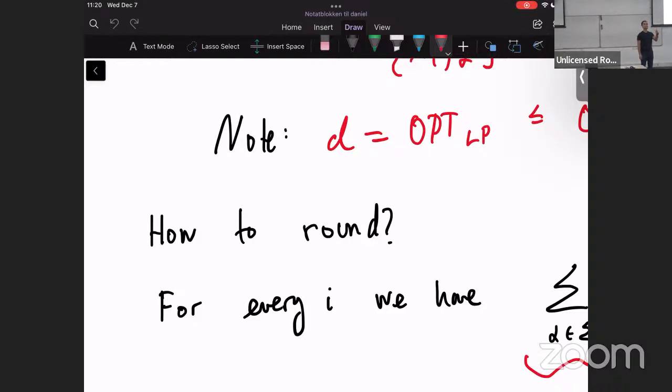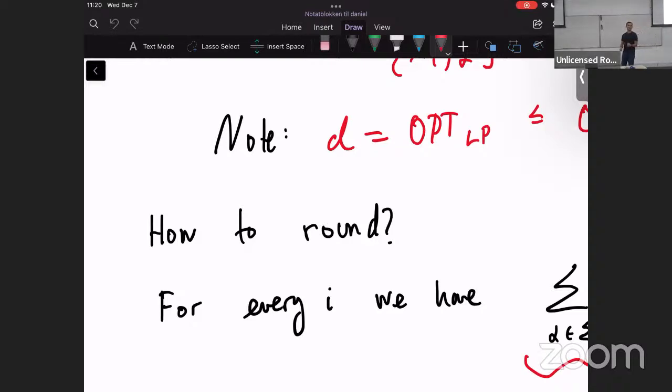For example, if your possible characters are A, B, and C, and the vote for A is 0.5, for B 0.25, for C 0.25, it's fairly natural to say, okay, let's take the majority vote. Take the character that the LP variable is the biggest for. Unfortunately, that doesn't quite turn out to work. Maybe I'll, Neil, for tutorial question, make an instance where that doesn't work.